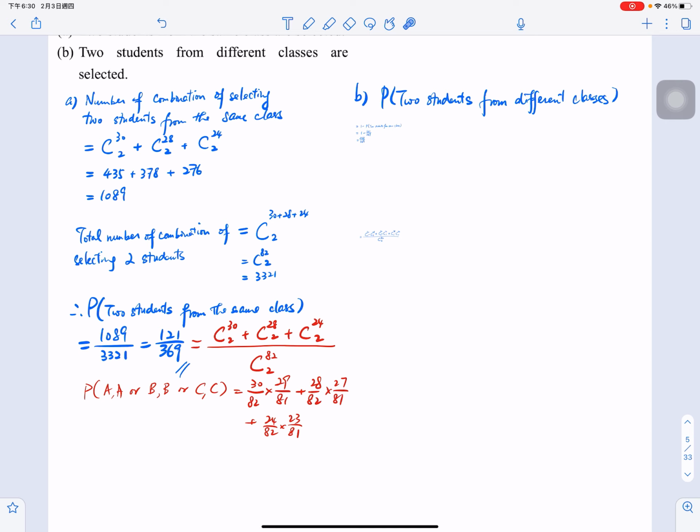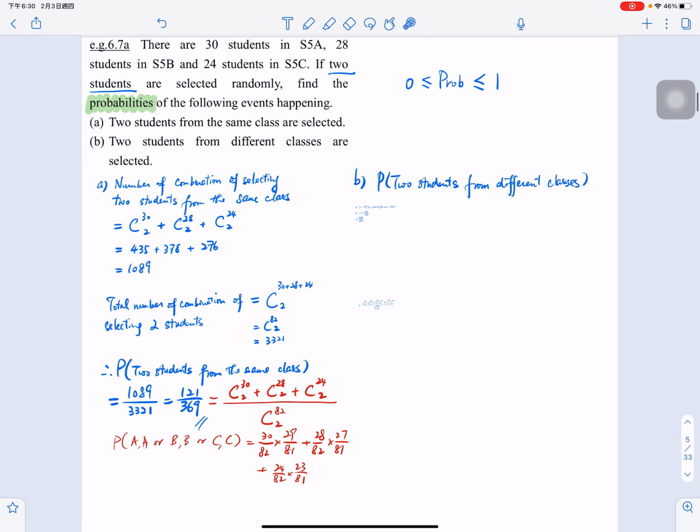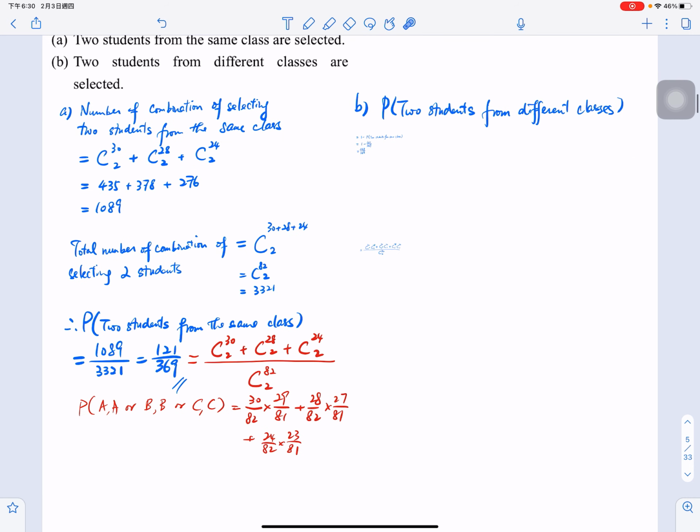Sometimes you can write it directly if you understand probability clearly. For example, favorable outcomes, 30C2 plus 28C2 plus 24C2, over the total number of combinations, 82C2, right? So you can get this one.